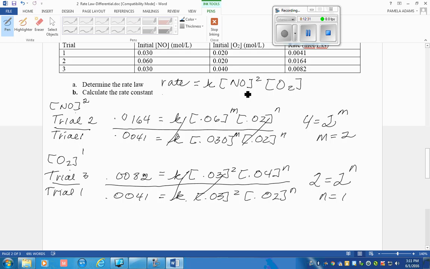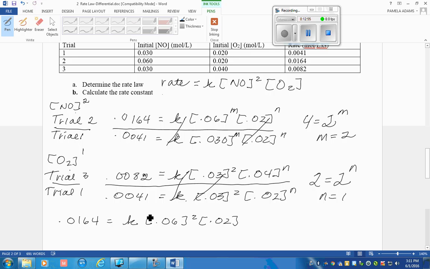I choose trial 2. So the rate is 0.0164, and that is equal to k, when the value of NO is 0.06 raised to the second power, and the value of O2 is 0.021 raised to the first power.